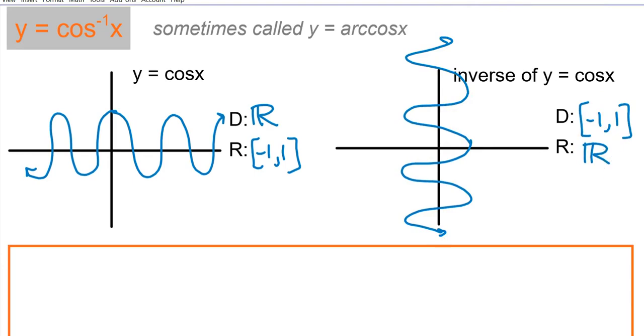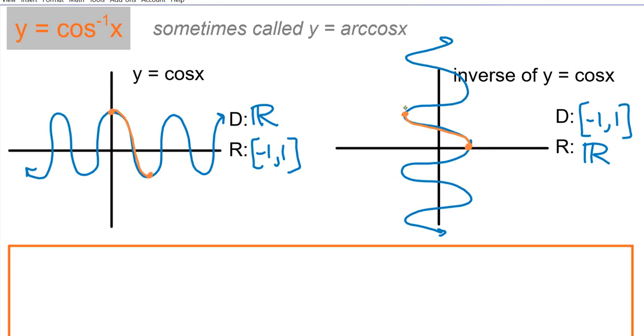We want something that is a function. Now what I don't want to do is take the same piece I used for inverse sine, which would go from here to here, because that translates into this, which is still not a function. So that's the wrong piece. So what else could I do? How about if I used this piece, which would correspond to this piece?